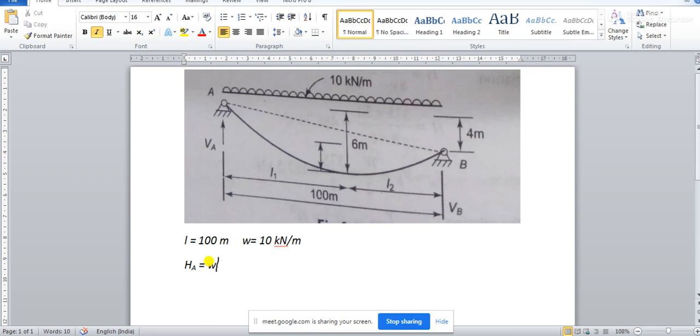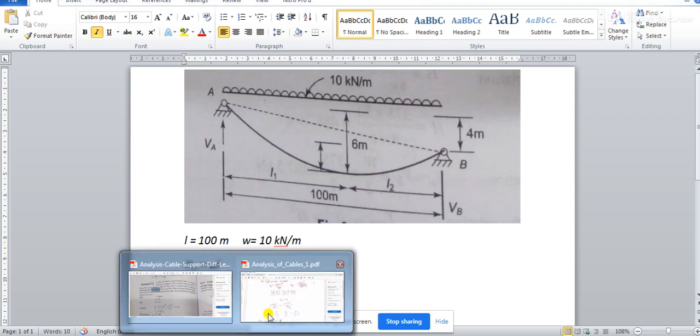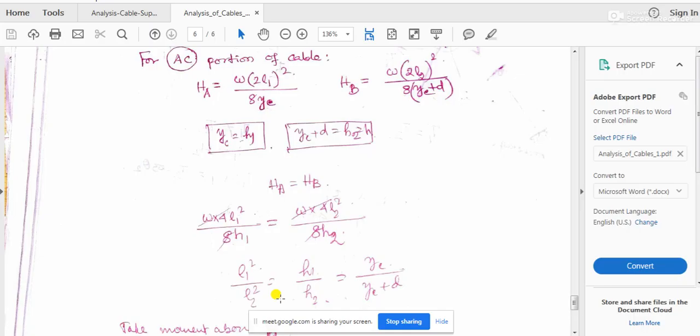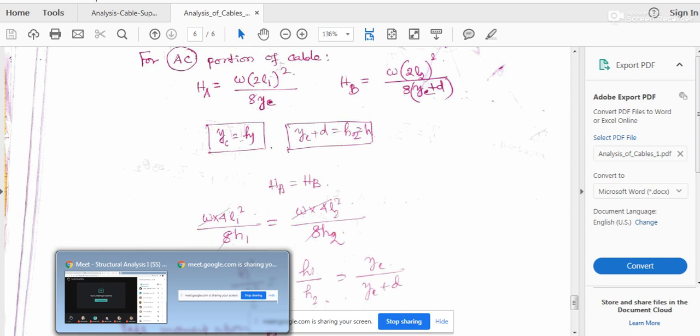W into... Are you listening, or you are not listening? Yes, sir. So tell, what will be the value? No one, everyone keeps mum. So how do I understand whether you are listening or not, or understanding it or not? So tell, it's very simple.